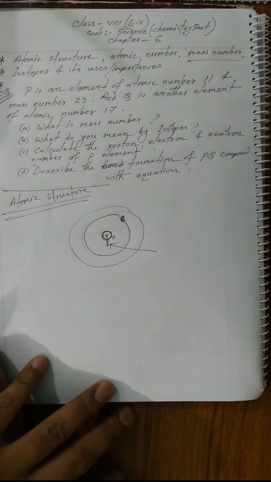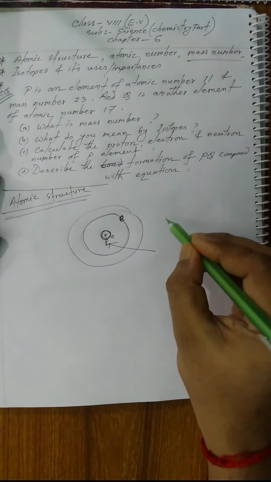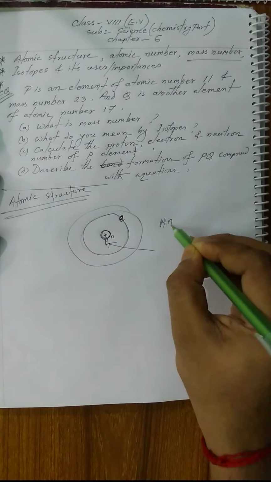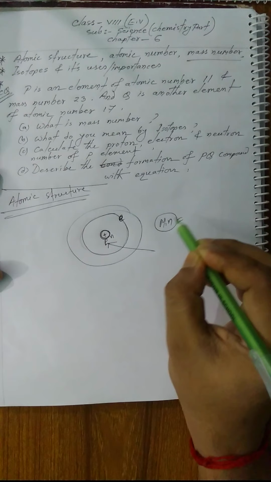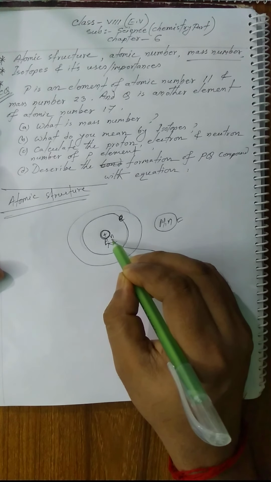Next, mass number. So what is mass number? Mass number is the summation of proton and neutron.